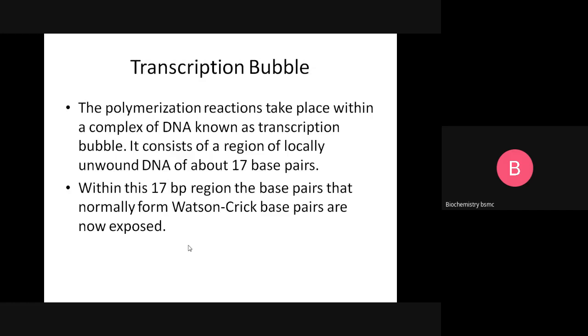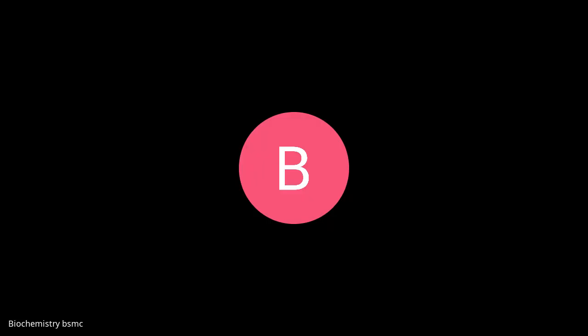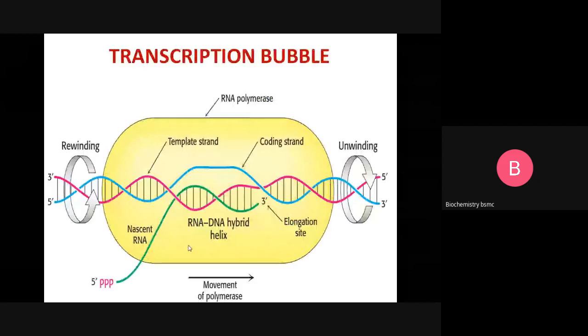So why these 17 base pairs? It is seen that in these 17 base pairs, the RNA-DNA hybrid will be formed. We see this diagram, the picture of the transcription bubble.